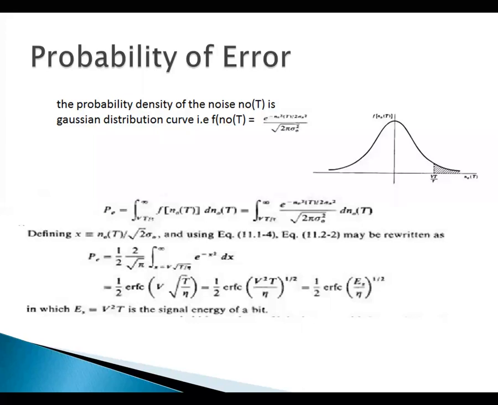So P of E is related to the error complementary function, 1 by 2 error complementary function of square root of ES by eta, where ES is the signal energy. Signal energy is called V square T.